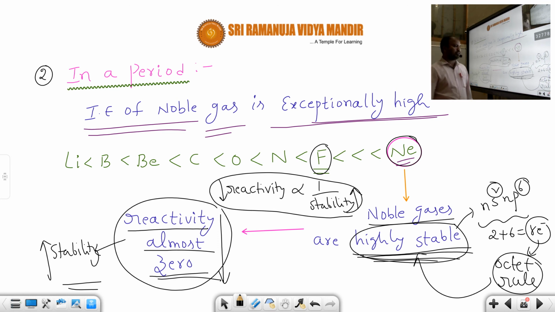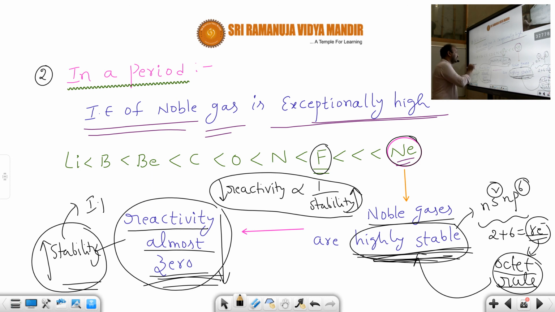Why are noble gases more stable? They satisfy the octet rule. What is the octet rule? It is the tendency of an atom of an element to have 8 electrons in its valence shell. Elements that satisfy the octet rule are more stable, their reactivity is less, and when the stability is more, IP is more.